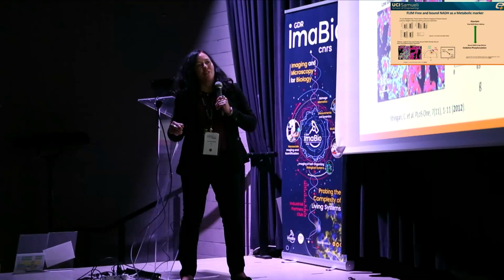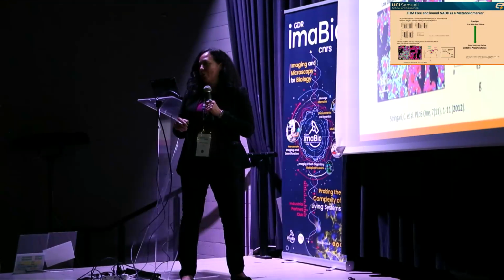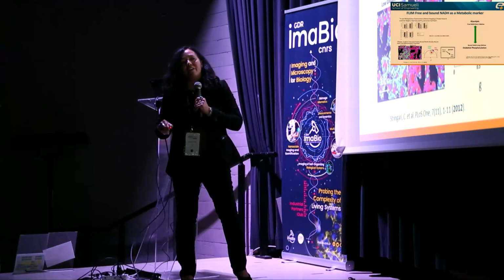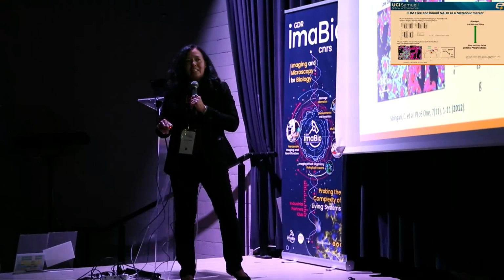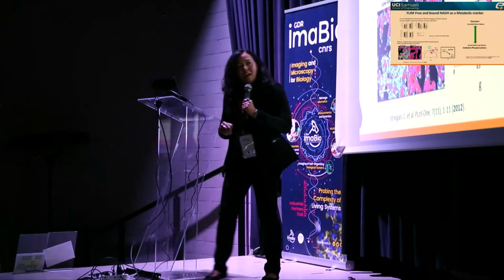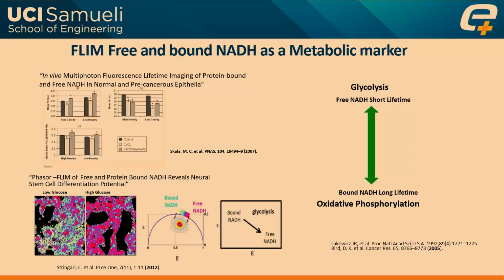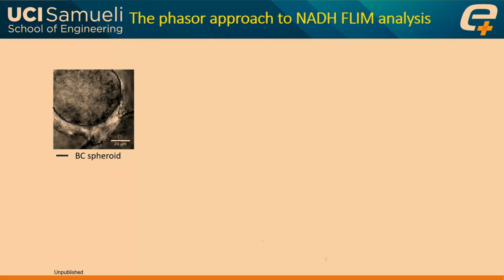What these papers are showing is that if you have a higher population of free NADH, your cells are undergoing more glycolysis. If you have a higher population of bound NADH, the cells are undergoing a process called oxidative phosphorylation, which is what is found in the mitochondria.